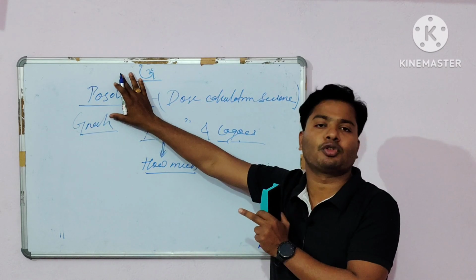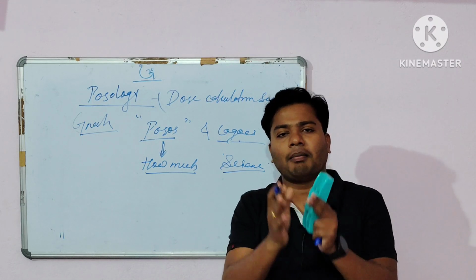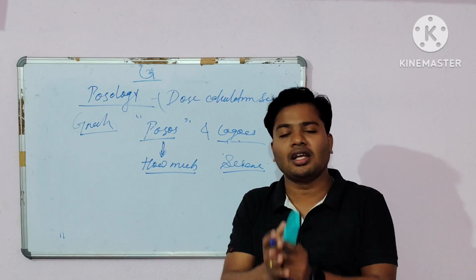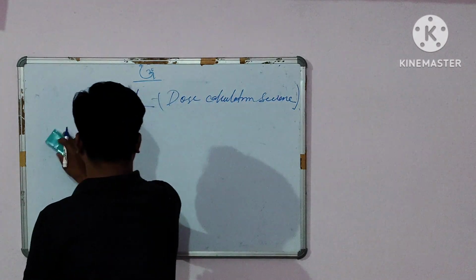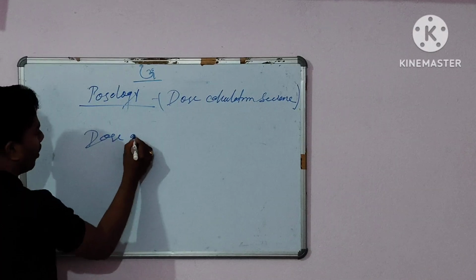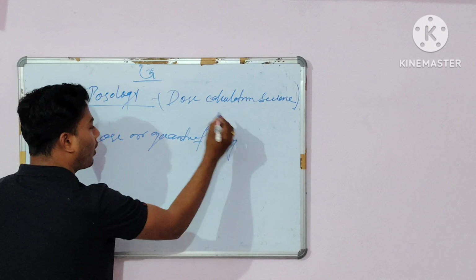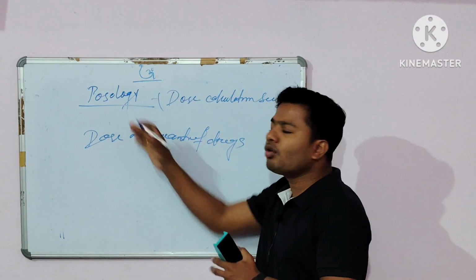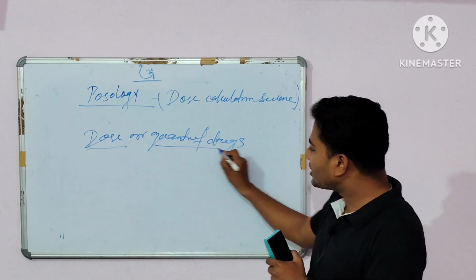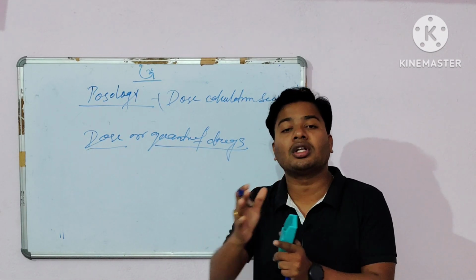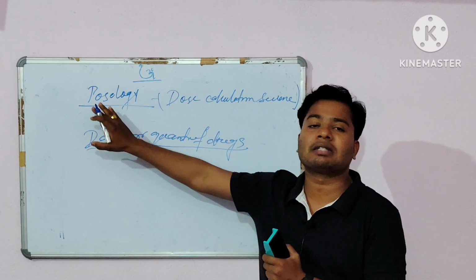So what is the definition of posology? Posology is the branch of medical science that deals with the study of dose or quantities of drugs that can be administered to the particular patient for getting the pharmacological response. That is known as posology.